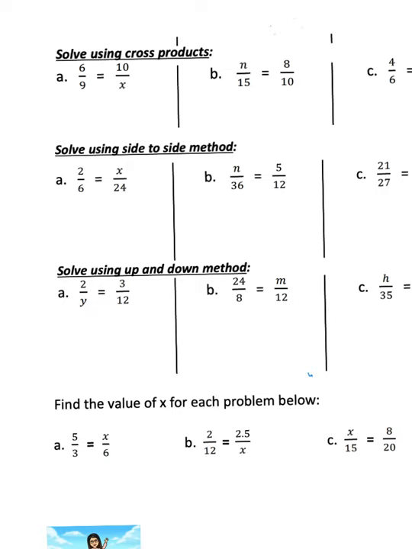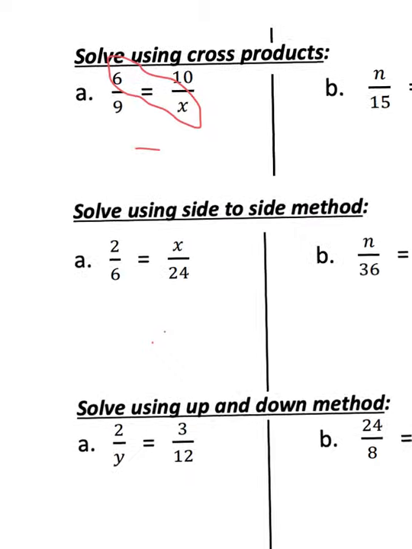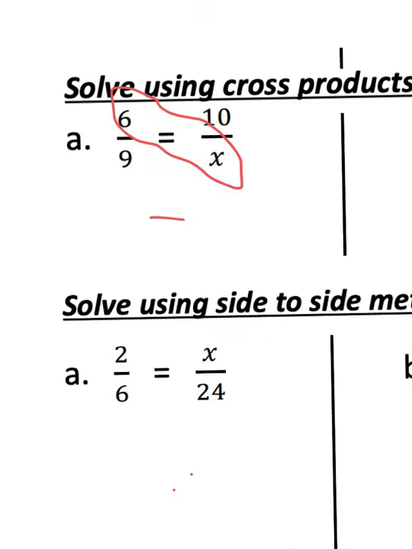So I'm going to cross multiply. I'm going to start with the one that has the variable to cross multiply. So I will have 6 and x. If I have 6 and x, I will have 6x. 9 times 10 will be 90.